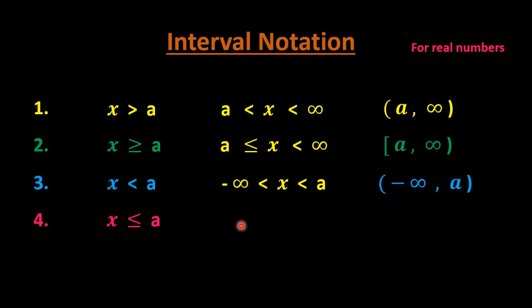Here the value of x lies between minus infinity and a, and here a will also be the solution. To denote this, one side will be open and the other side will be closed. So these are all the things you must keep in mind while writing the solution of a linear inequality.